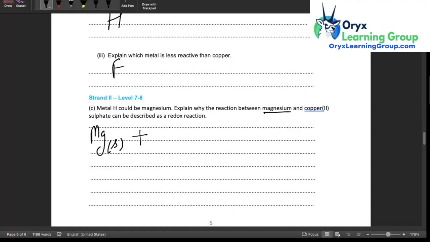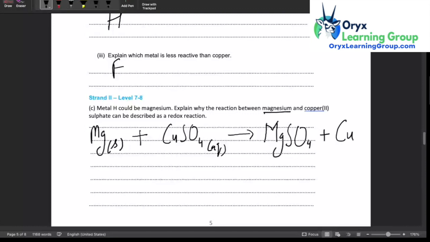So magnesium plus copper sulfate, which is in aqueous state, forms what? Now tell me what will be the products? Magnesium sulfate and copper by itself. Correct. Very good. That's right. So it will form magnesium sulfate plus copper, right? That's right. Okay, so it will form copper. So this will be solid and this may be liquid.